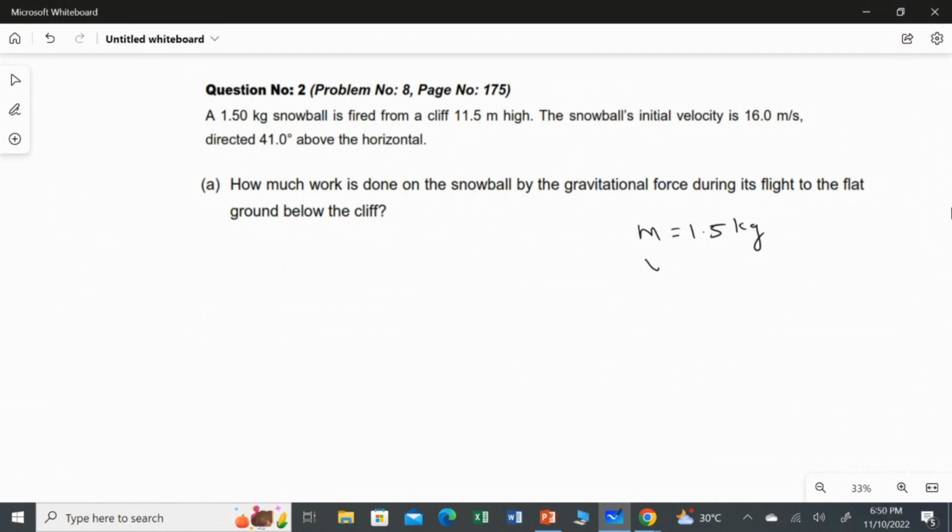So here the height is 11.5 meter. The snowball's initial velocity is 16 meter per second. So what is the initial velocity of the snowball? It's 16 meter per second, and it is directed at an angle of 41 degree above the horizontal.